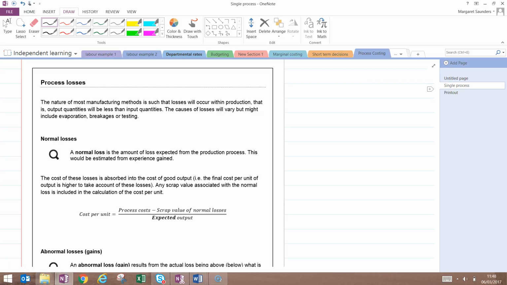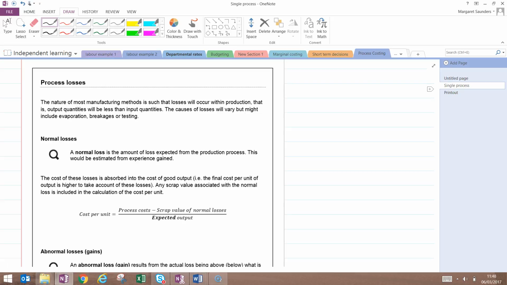The nature of process costing often results in the output not being the same as the input in terms of quantity. So we may have input 1,000 kilos into the process, but the output from the process may not weigh 1,000 kilos, it may be less than 1,000 kilos.